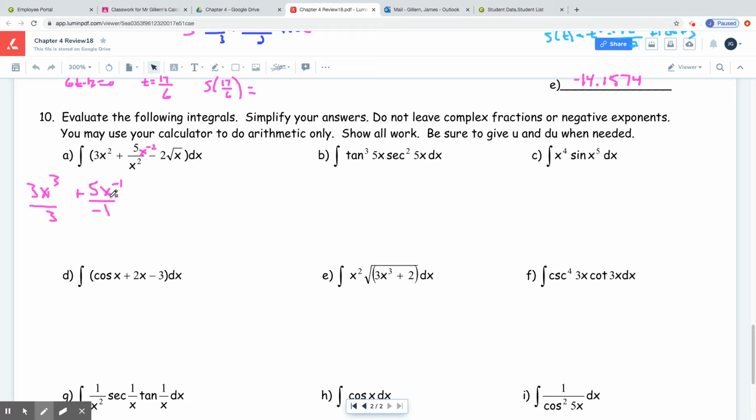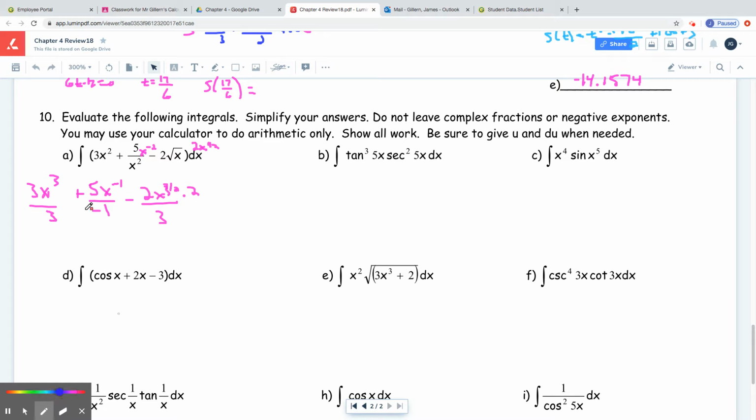We'll fix that in a second. And then this is the same thing as 2x to the 1/2, which is negative 2x to the 3/2. That's a 3, but we multiply by the reciprocal, so the 3 goes on the bottom and the 2 stays there.